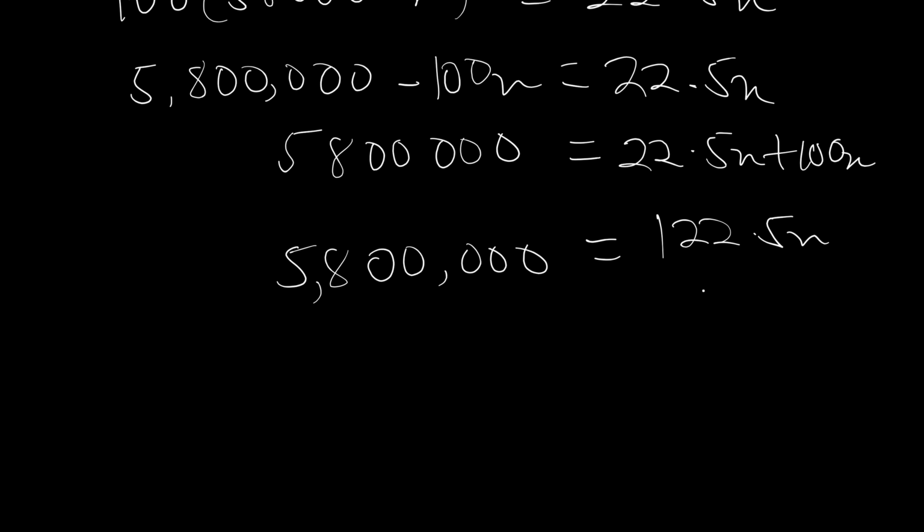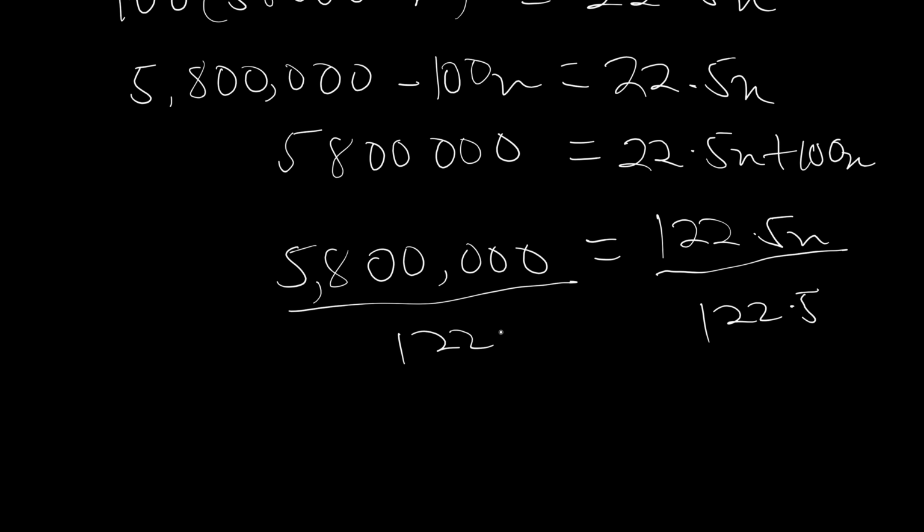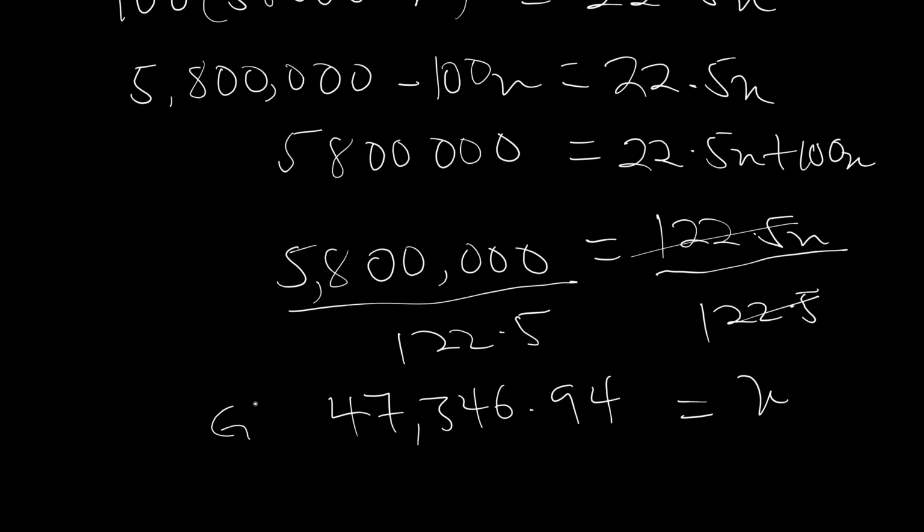Now to find x, we divide both sides by the coefficient of x, so we divide here by 122.5 and we divide here by 122.5. This cancels this. Our x will be equal to 5,800,000 divided by 122.5, we have 47,346.94 Ghana cedi.